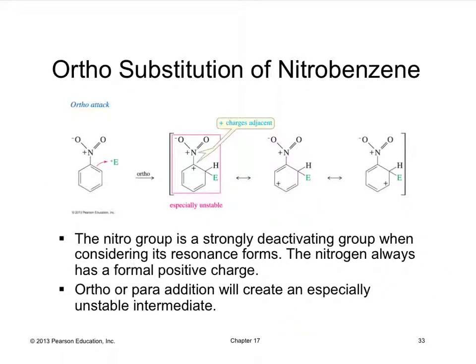If we look at why this is so, first step, right, is your nitro group already, it's electron withdrawing, you have attack on the electrophile, and now when that happens, you have these charges that are adjacent to one another, and this is especially unstable.